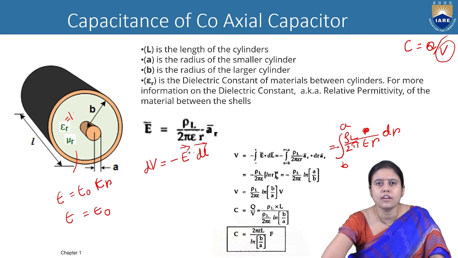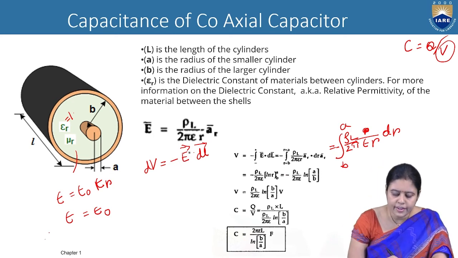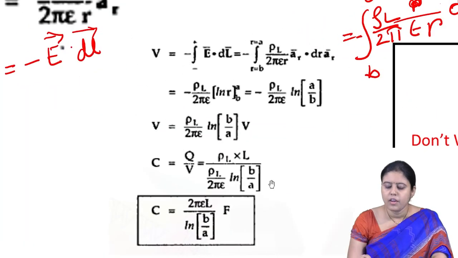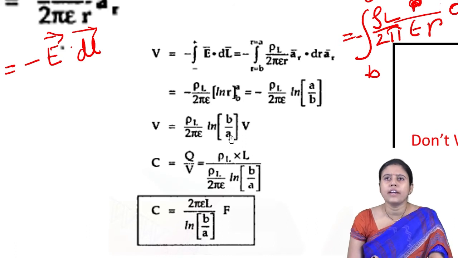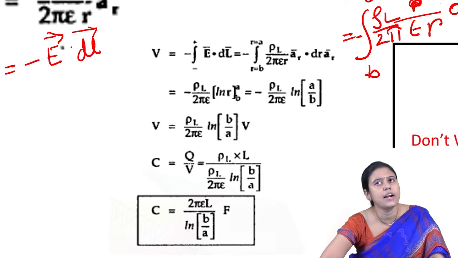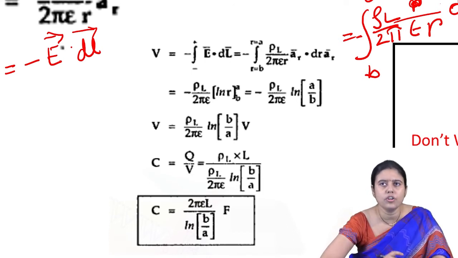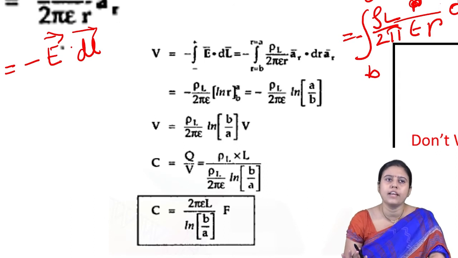The integral of 1 by r is Ln r. We can write Ln, or also log base e. Both are correct, but not log base 10.